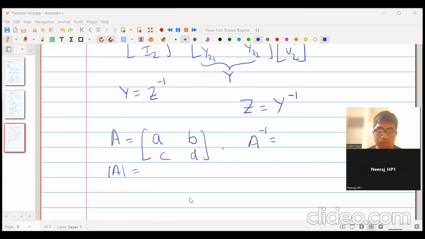Yeah, correct. The determinant of this matrix is A into D minus B into C.